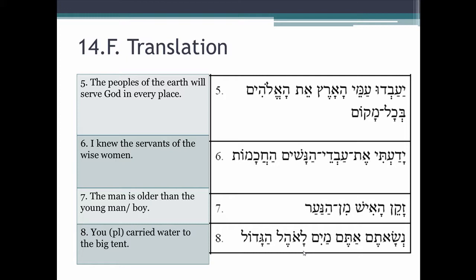And normally it would be lamed plus patach, and then you'd have the dot in the next consonant, but we can't have that here because aleph is a guttural. So la ohel hagadol, to the tent. We have the tent, the great, or the big tent. We have agreement in gender, number, and definiteness between the adjective and this noun.